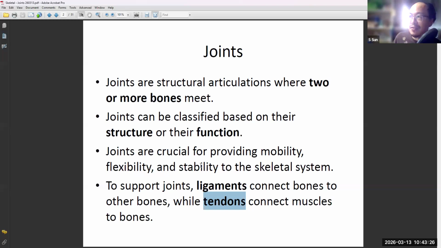We can classify joints depending on the joint structure. Some joints, the way they are put together, you can consider like glue. The way they are glued together, it could be pretty tight glue, so the joint basically cannot move because it's very tight.